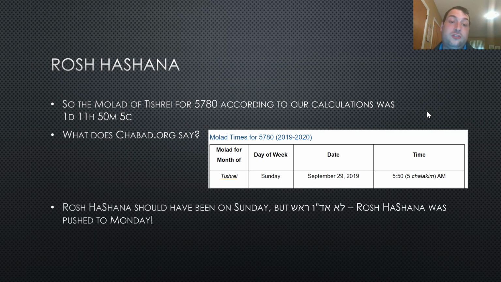So our calculation works. That's exactly what the molad was announced, or wasn't announced in this case. So Rosh Hashanah would have been on Sunday this past year, but we have a principle of lo adu rosh, so we push it off to Monday. And Rosh Hashanah, in fact, was on Monday this past year.